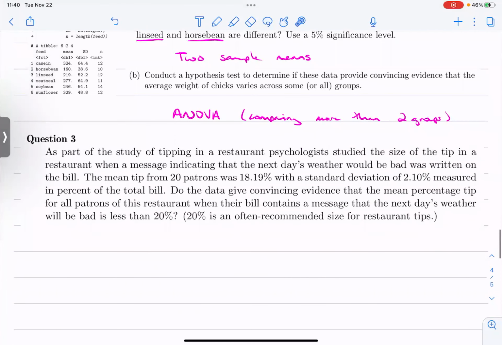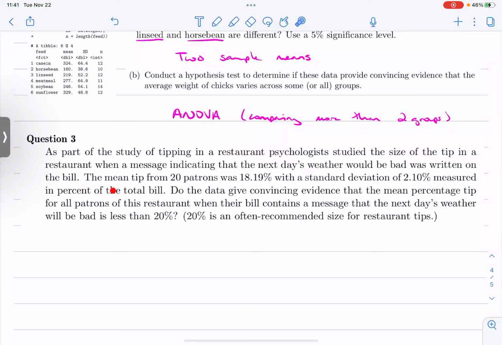How about this one? As part of the study on tipping in a restaurant, psychologists studied the size of the tip in a restaurant when a message indicating that the next day's weather would be bad was written on the bill. I know there's a follow-up part to this where now we write that the weather's going to be good, and you can compare the 2.